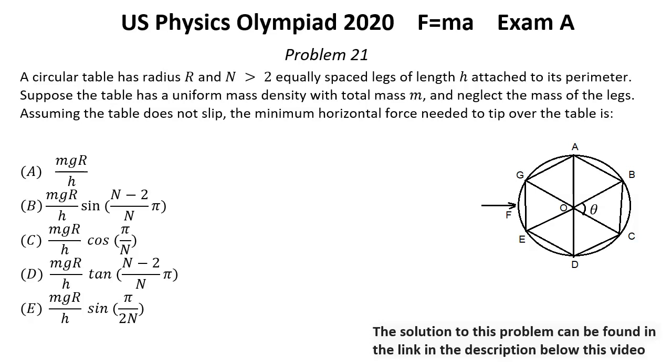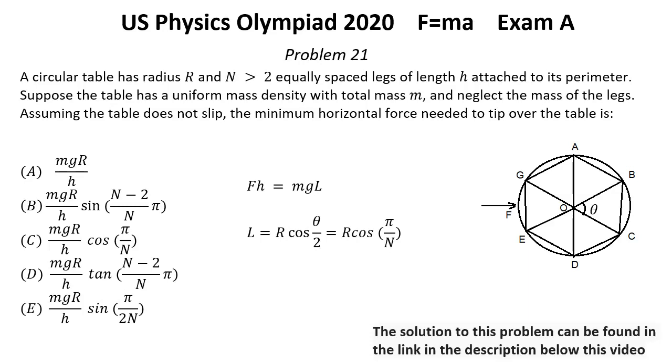Balancing torques on the table about the axis BC, we have Fh equal mgl, where l equal r cosine theta over 2, or r cosine pi over n, is the distance from the center of the table to the midpoint of AB.